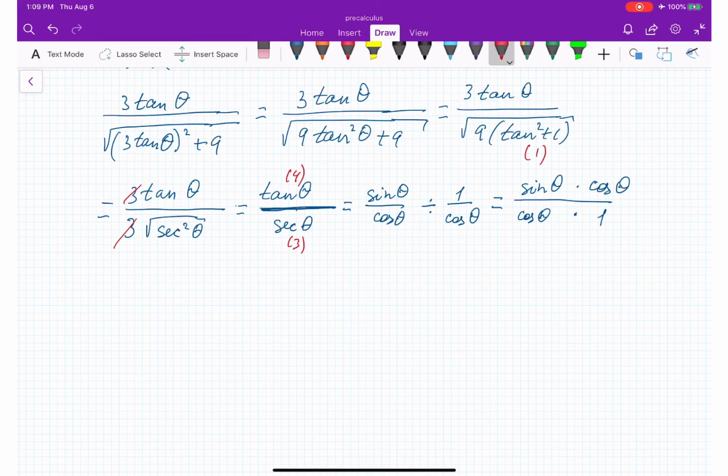We cancel cosine, and that is equal to sine theta. That is the answer.